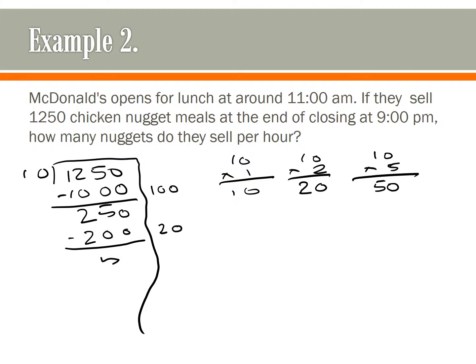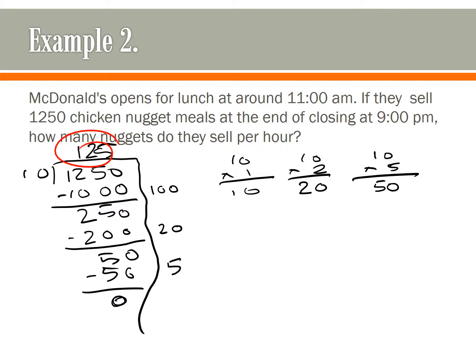Subtract, we get 50 left over. And finally, we're going to multiply by a 5, which is 50 again. Subtract, we get 0 leftovers, which is what we wanted. Add all these up, and it's going to be 125. That would be our answer. Circle that in red there because that makes us happy.